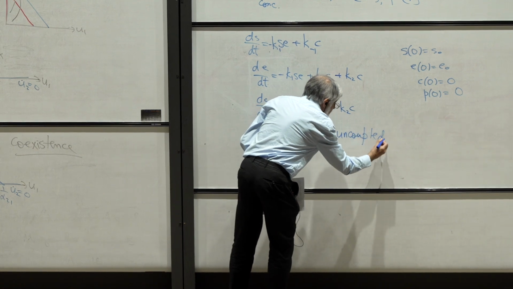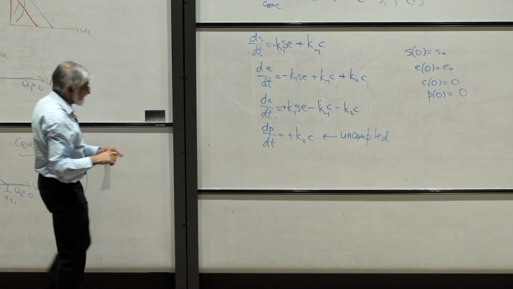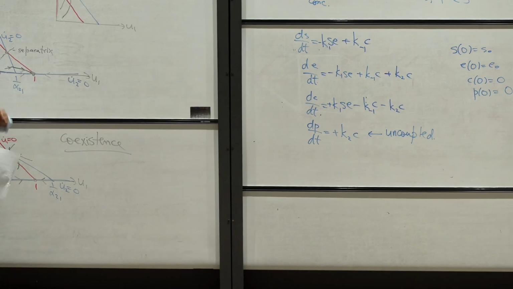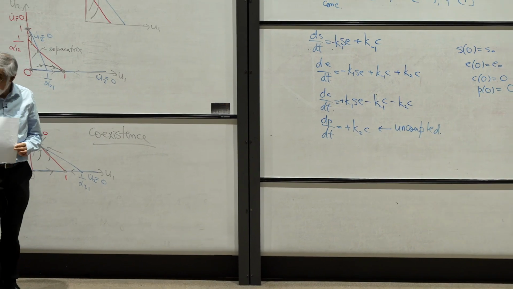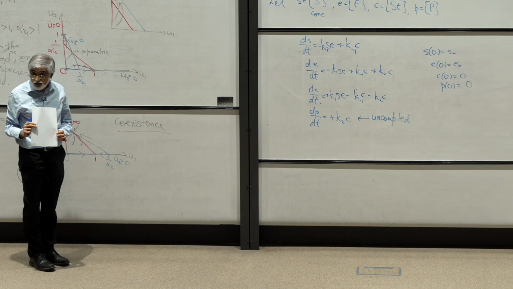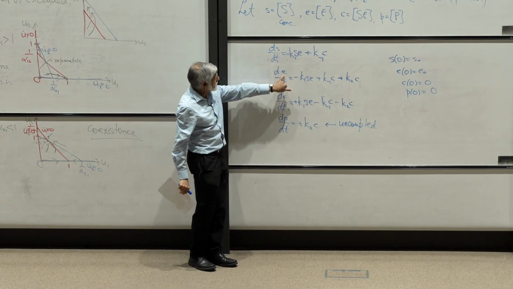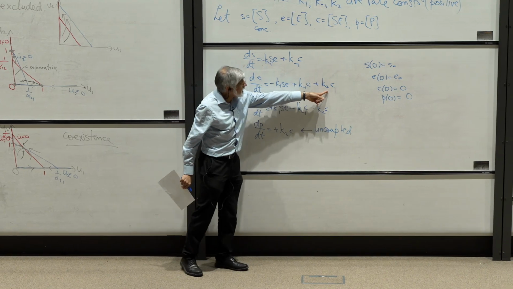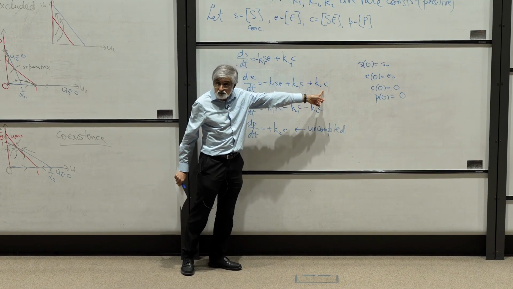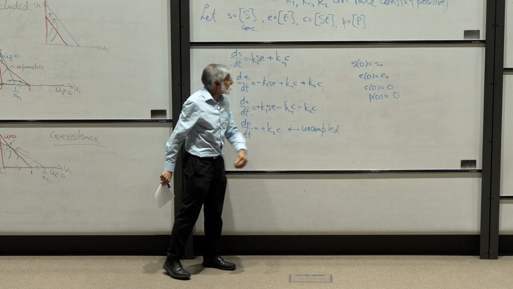And now one thing you should be worried about, enzyme is not created or destroyed, so enzyme should be constant. Here, there's nothing to say that should be 0. So what's going on here?